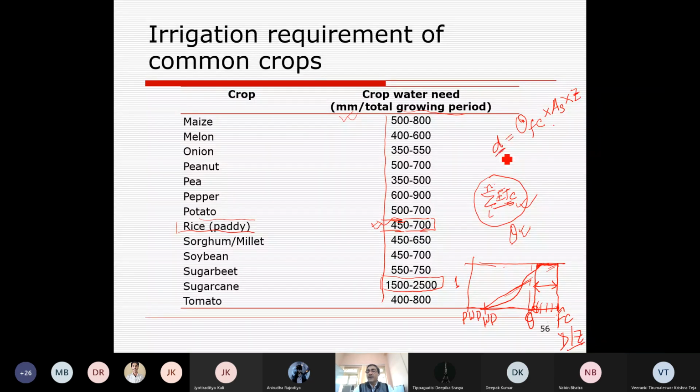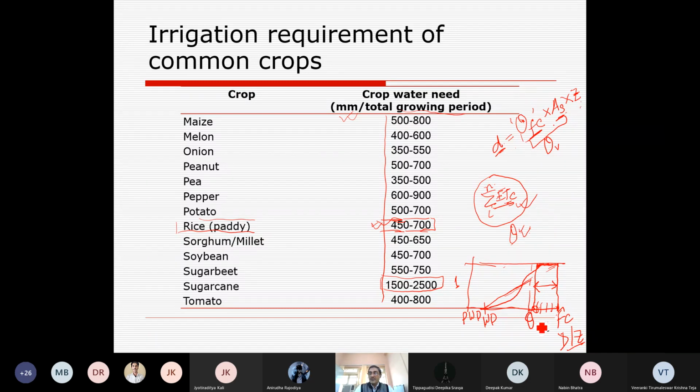So this is the depth of water at, say, particularly field capacity level. It's in fraction. If we multiply by the apparent specific gravity, it will become theta volumetric moisture content, and Z is the root zone depth, to find out how much water in terms of depth is there.